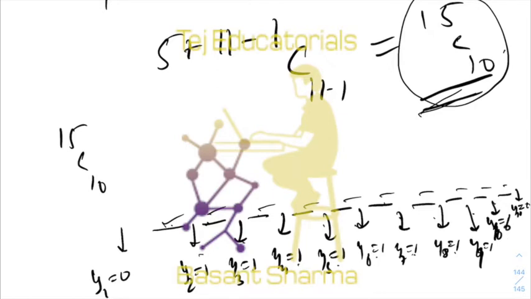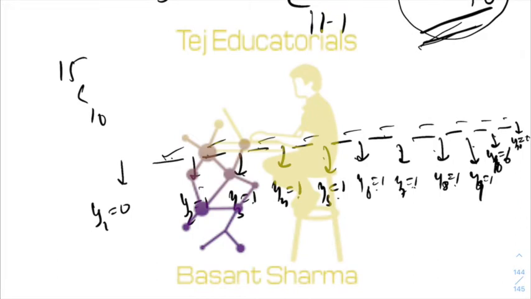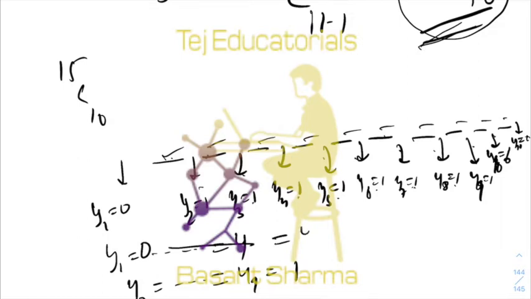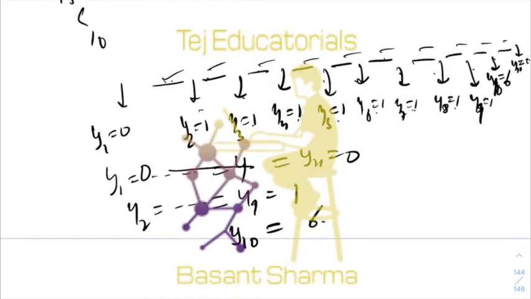So this is 6. Suppose this is one solution. That is, y1 is 0, y2 through y9 are 1, y11 is 0, and let's say y10 is 6.